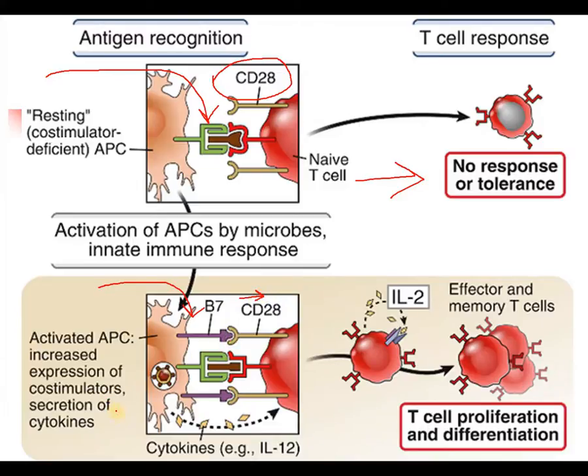This in turn will allow for secretion of cytokines, and the T cell will be able to proliferate, becomes fully activated, and will proliferate and differentiate. So that's very cool, and it tells you that we do need more than just antigen recognition for signaling to be appropriate and for the T cell to be activated.